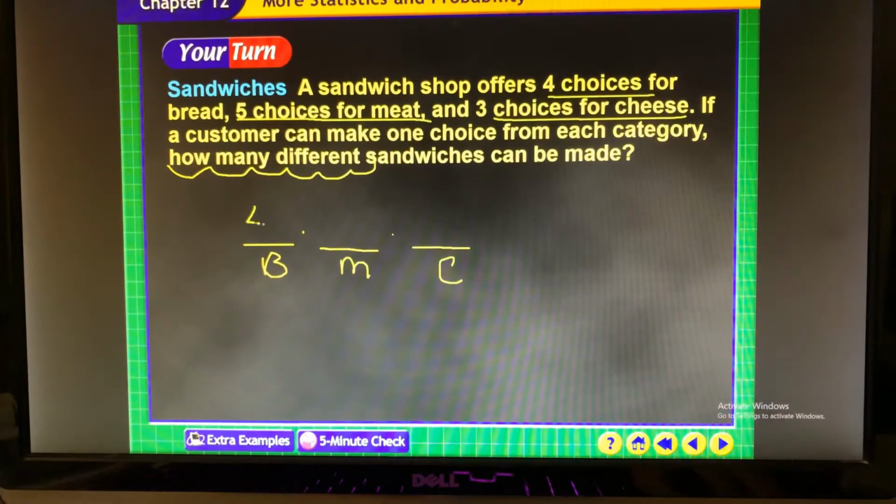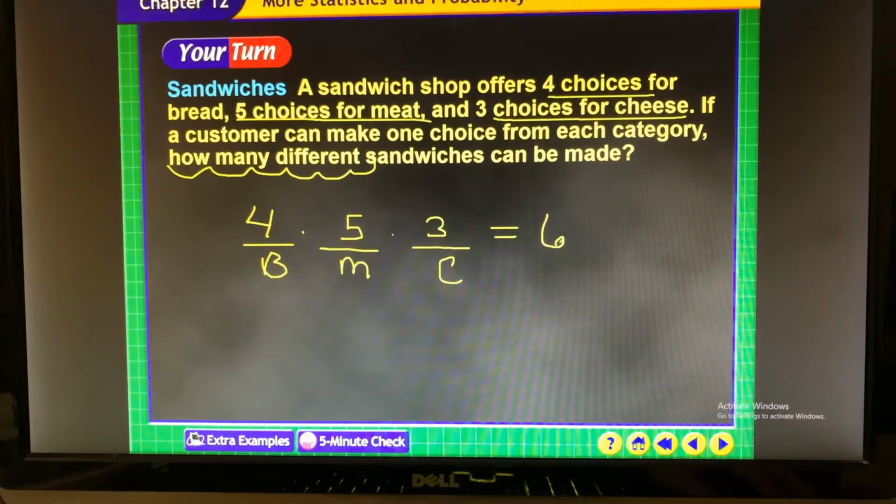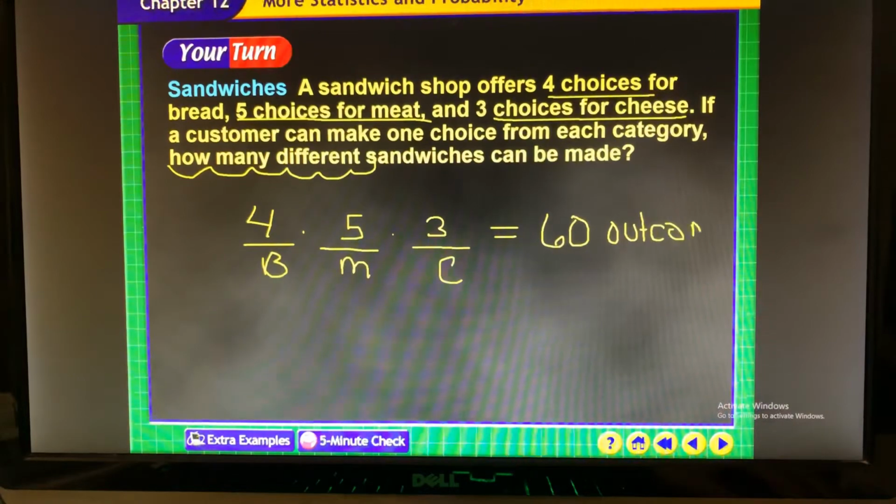So I have 4 breads, 5 meats, and 3 cheeses. So multiply that out. What are you going to get for your final answer? You have 60 different outcomes, 60 different ways for you to choose your sandwich. Who'd have thought? You could be in there for a long time trying to order because you can't figure out how you want to make your sandwich out of those choices.